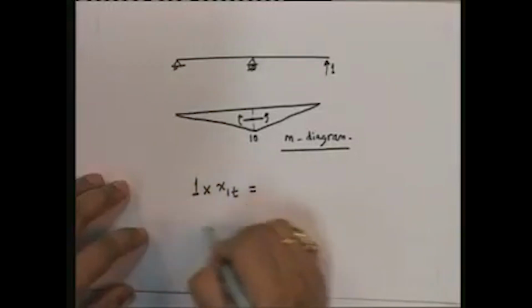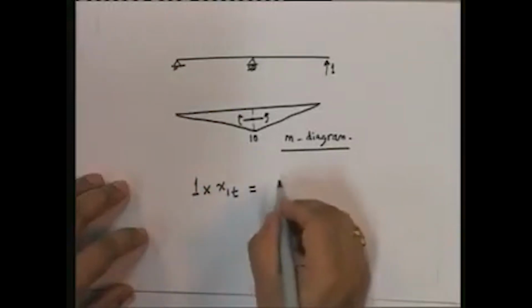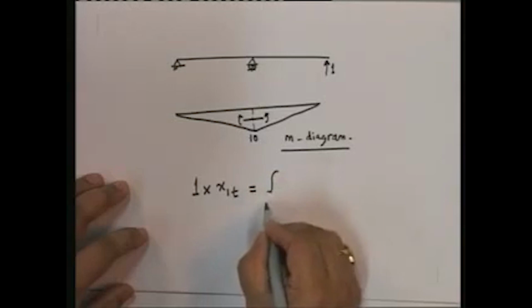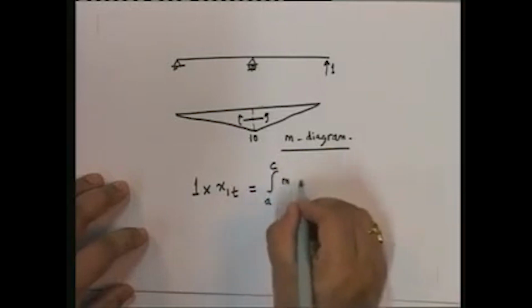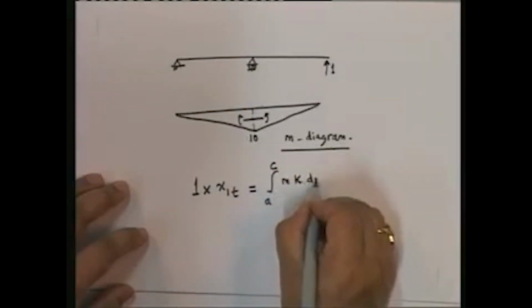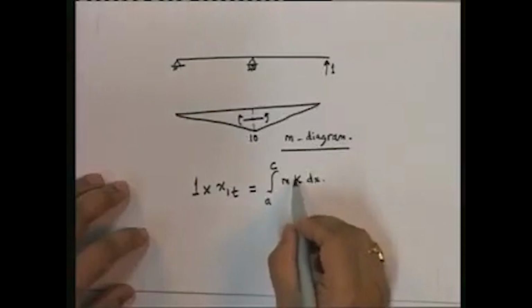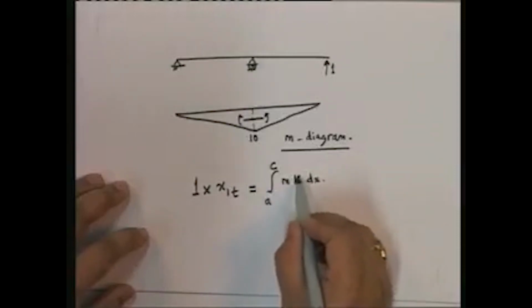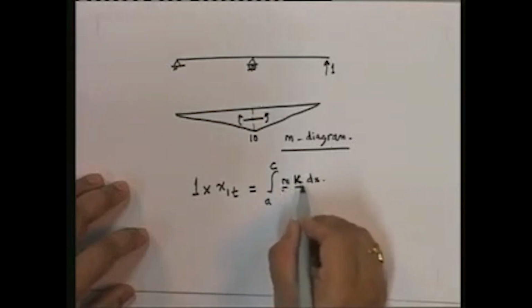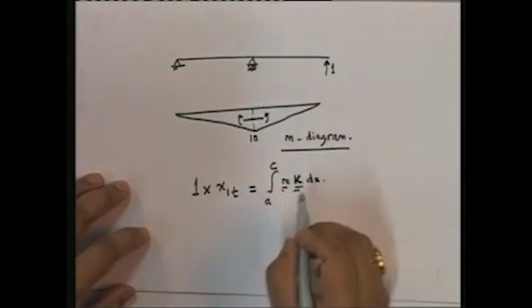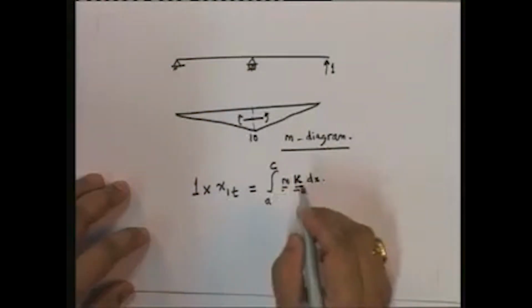External virtual work is equal to this, and the internal virtual work is going to be the integral from A to C of small m into kappa dx. Remember, m upon EI is nothing but the real flexural deformation, and this is the virtual moment, integrated over the entire length.